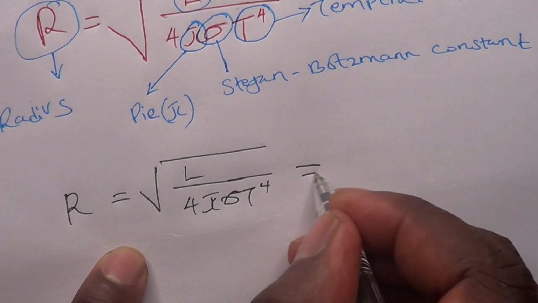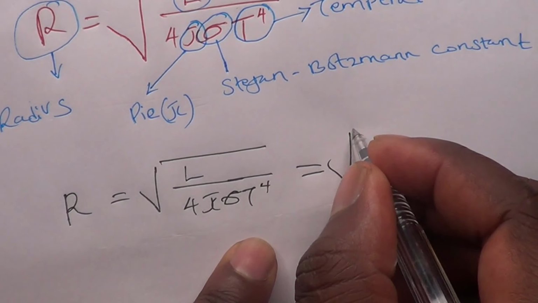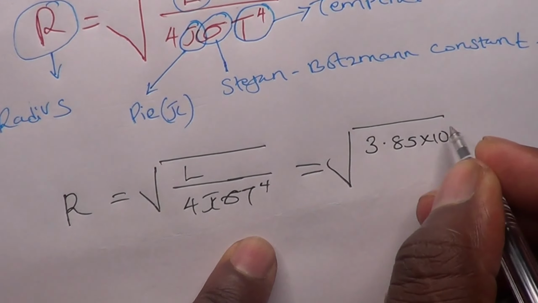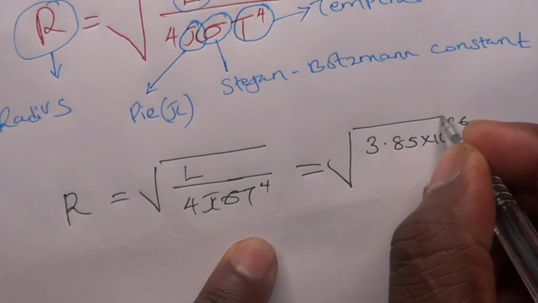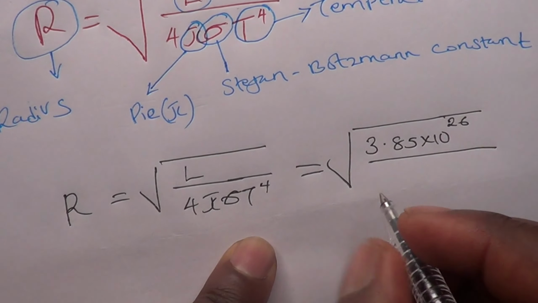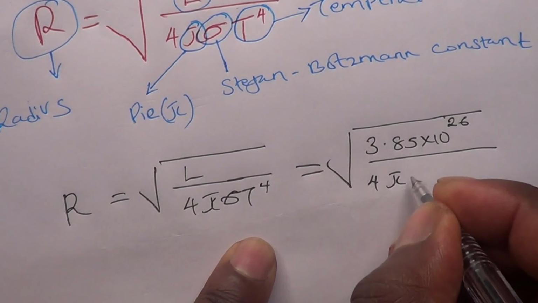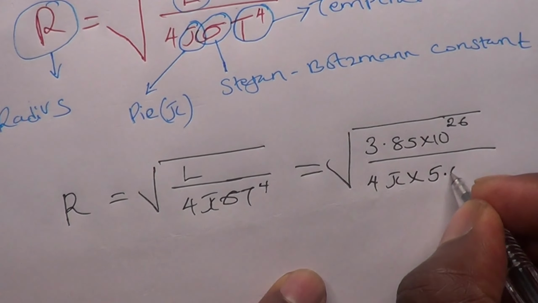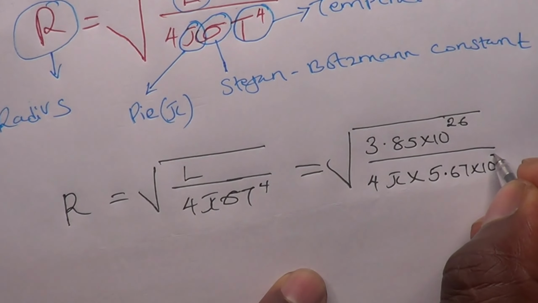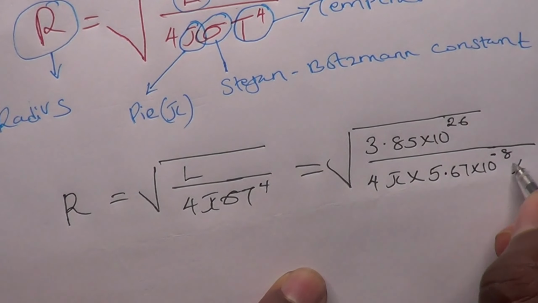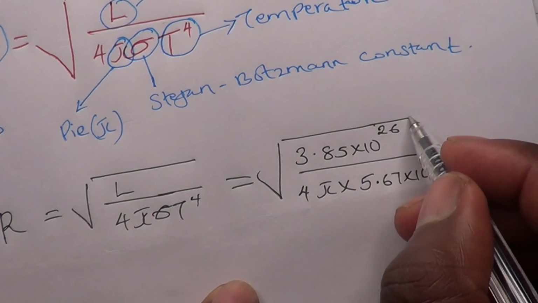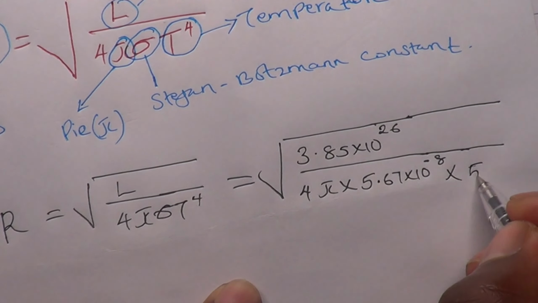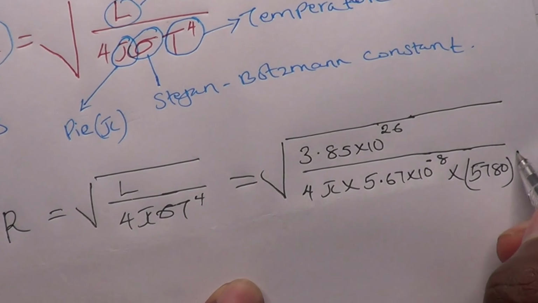So which is going to be the square root of 3.85 times 10 power 26, because that is the luminosity, over 4 pi times the Stefan-Boltzmann constant, that is 5.67 times 10 power minus 8, times the temperature, 5780 power 4.